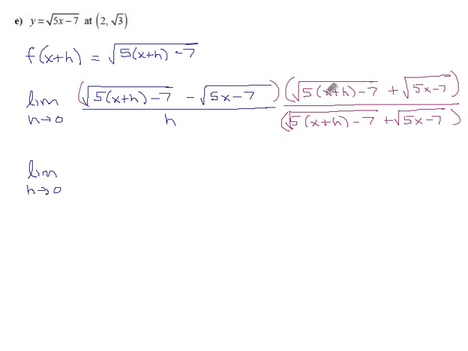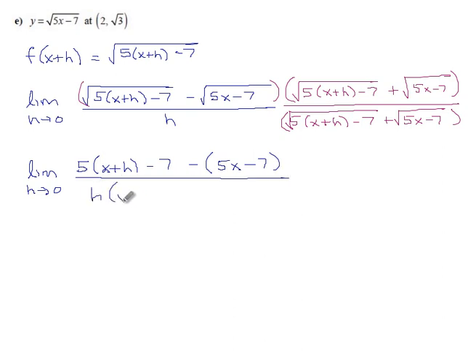When we expand this numerator, we get this root times the exact same root, so the result is the radicand, not under a root anymore. Outside and inside terms cancel, and then we get minus 5x minus 7, all over h, and over that conjugate, which we'll worry about later.